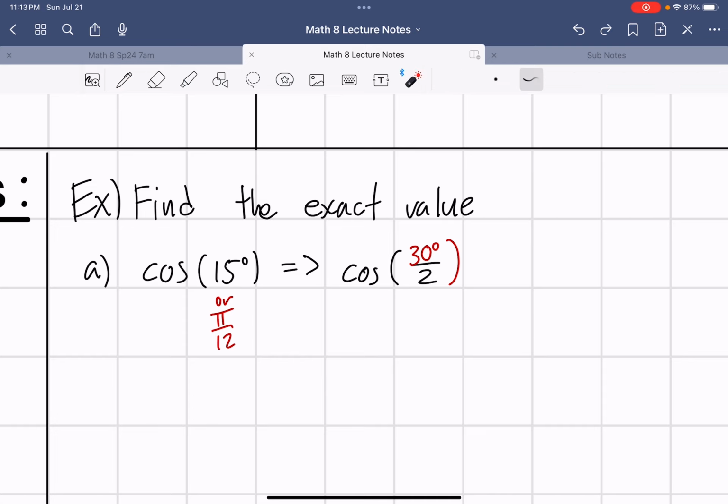Now, when it comes to radians, that might be a little bit trickier, right? But the idea is I have to take that radian and write it in such a way that it's being divided by 2. Again, don't divide by 2. That will change the overall value.